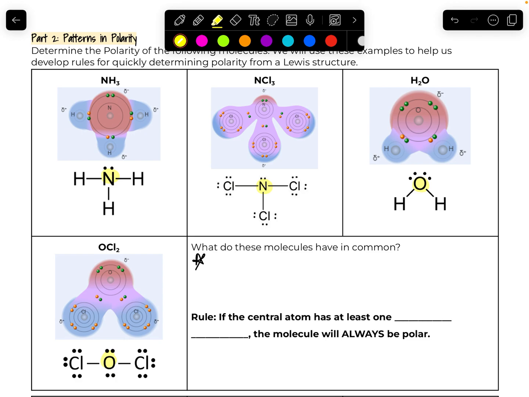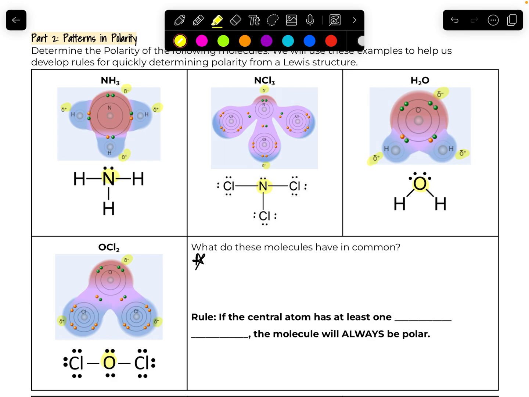And that's critical here. What else you should notice is that from the pictures with the gizmos, you see deltas all around these molecules. What does this tell us?